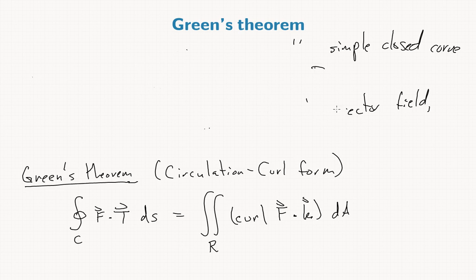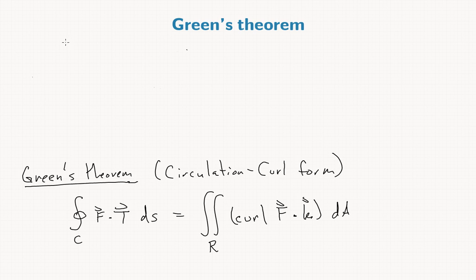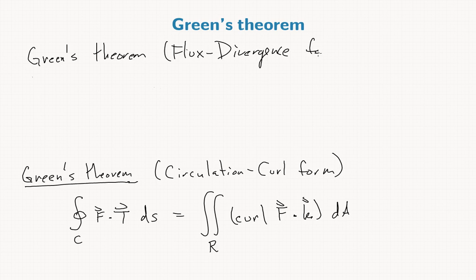Then the other form of Green's theorem is the flux divergence form.